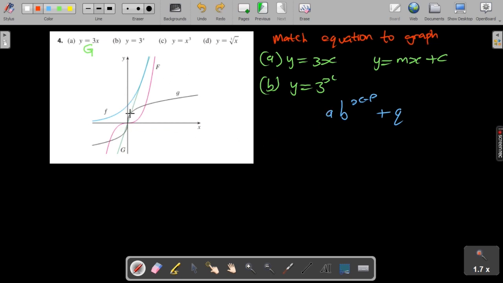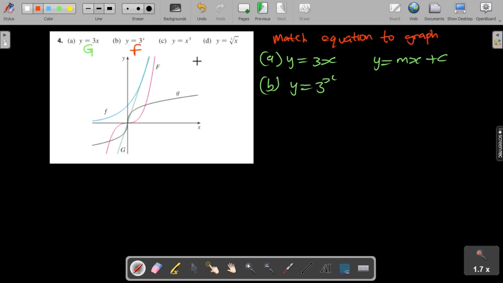And this would be the only one over here. It doesn't cross that line because it's an asymptote, and it has the shape that we're expecting a positive exponential, or an increasing exponential function, to have. So we're going to assign that small f to the second one.